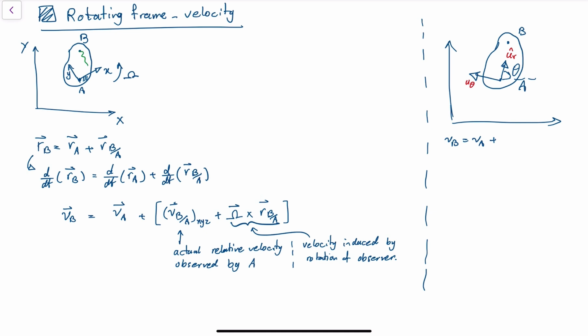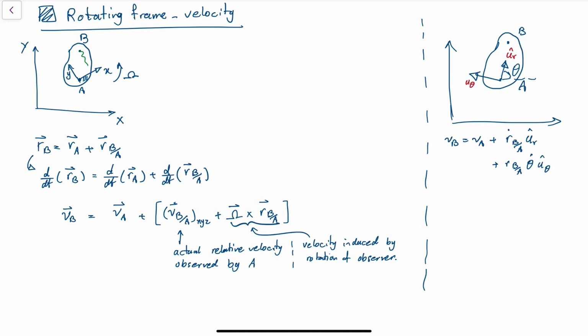It is some r dot of B relative to A, however much the distance is changing in the U_r direction, plus some r of B relative to A, that distance, times angular velocity, theta dot, in the U_theta direction.